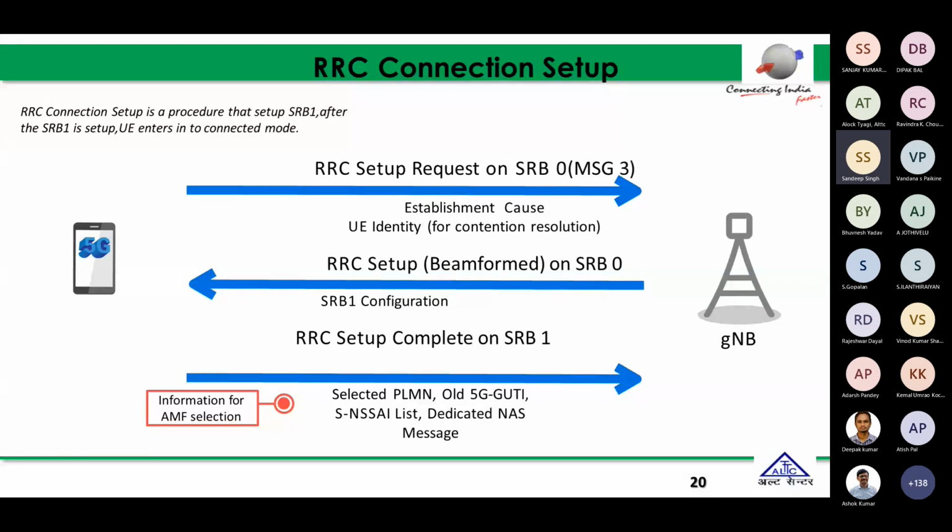SRB0 is a common control channel. And this dedicated control channel actually has RLC unacknowledged mode, where retransmission is there for error correction and detection. But for SRB0, such a facility is not there. It is a transparent mode transmission.